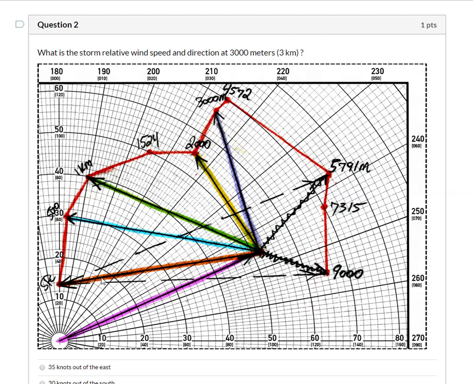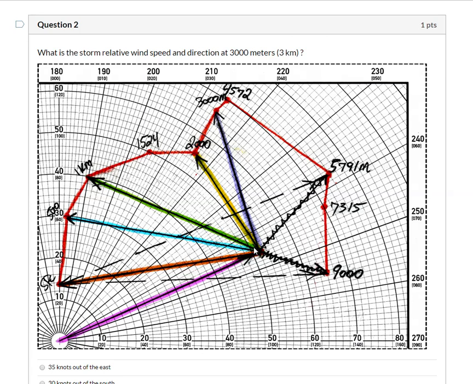So after you construct your hodograph, one of the things you'll want to do is plot your storm motion dot, which is this right here, this black dot where everything comes together. All these lines are coming together here. And then from there, to find the storm relative wind, once you have your hodograph trace and your storm motion dot, all you do is project back to the hodograph at the level you want to find the storm relative wind for.